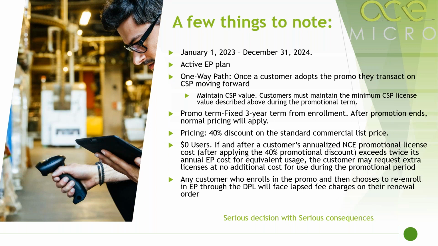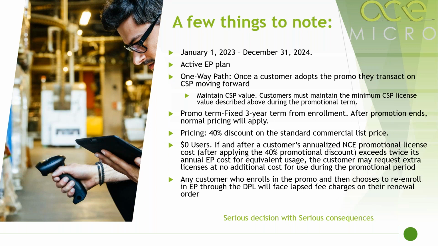Things that I like to note to clients: this is a one-way path. When you make that choice to renew under CSP, you're committing to Microsoft that within 3 years, you will be on Business Central. That's a big discussion we're having with a lot of our clients: let's not renew via CSP unless we know for sure that in 3 years or less, we will be on Business Central, because that's the commitment we're making when we renew under that.